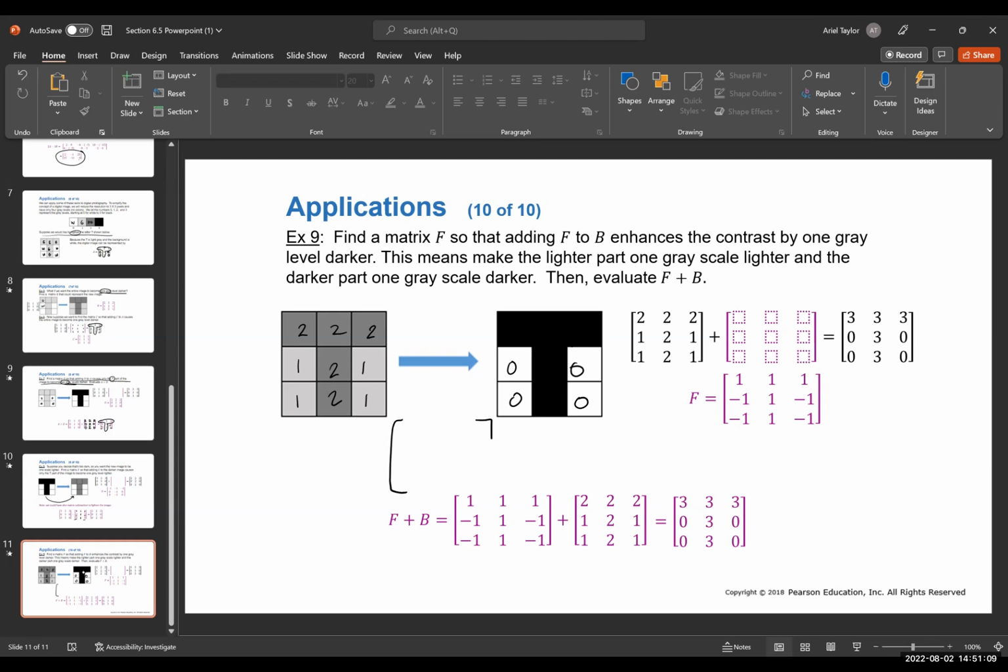So in our new matrix, we're going to be adding 1s to all the 2s so they can go up. And we're going to be subtracting 1 from all of the other spots. So this is our matrix of change. And that will leave us with 3, 3, 3, 3, 3, 0, 0, 0, 0. And that's all. That's the application, y'all.